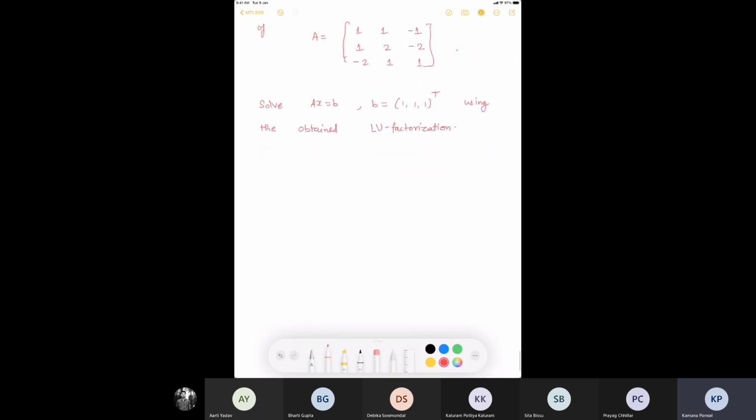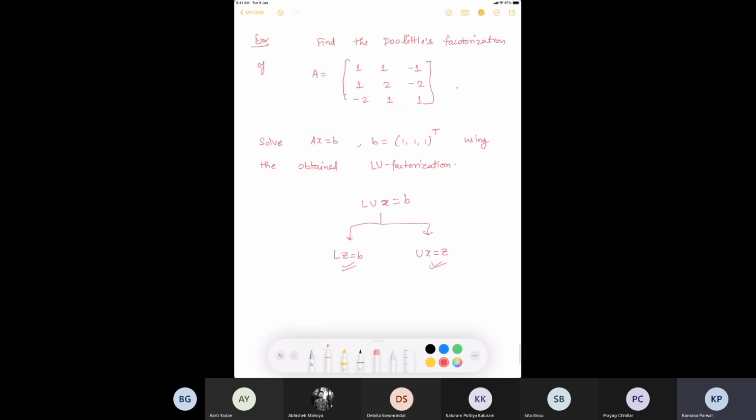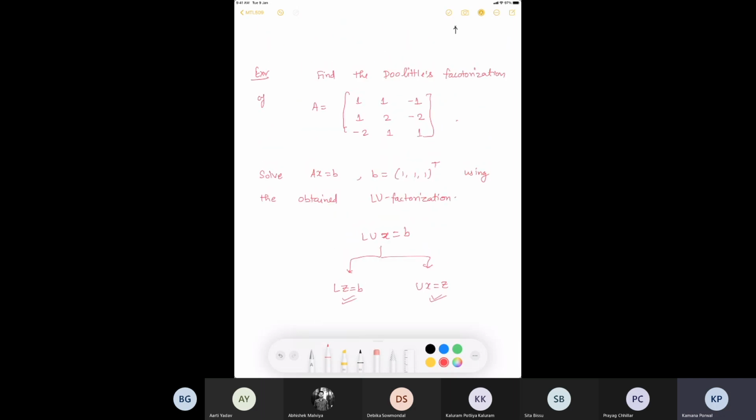For this you follow the same steps I explained before: you want to solve LUX equal to B. So you break this into two systems. First, I define Z as UX, so I solve LZ equal to B. Once you know L, you can solve for Z from here. And once you have found Z, you solve for X from here. Okay, so just complete this exercise.